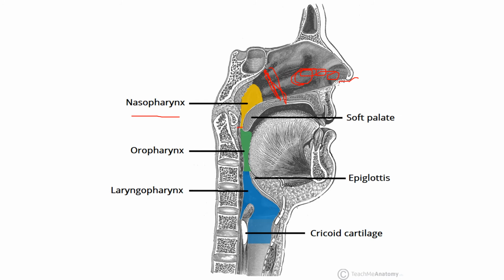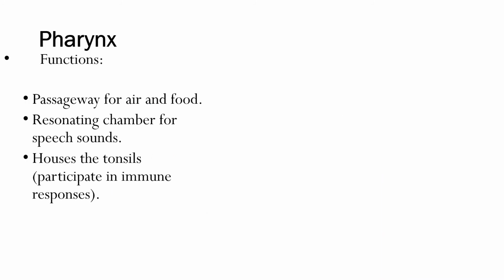So you have this nasopharynx starting from the internal nares to the oral aspect, or the oropharynx. And then you have the oropharynx, which is where the throat is, the opening of the throat, up to where the larynx is. And then you have the laryngopharynx down to the cricoid cartilage.